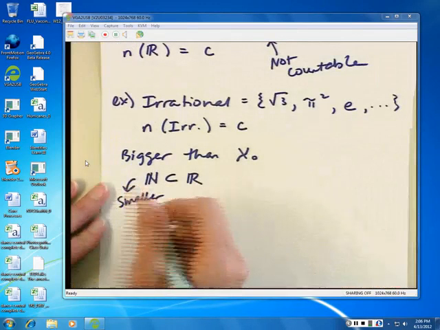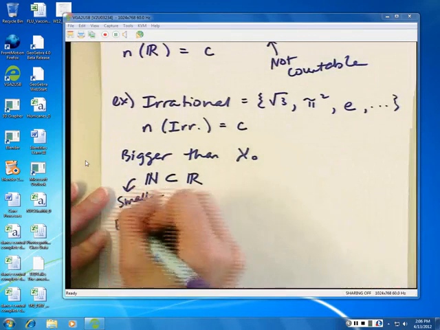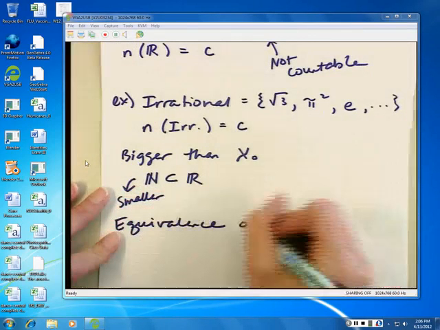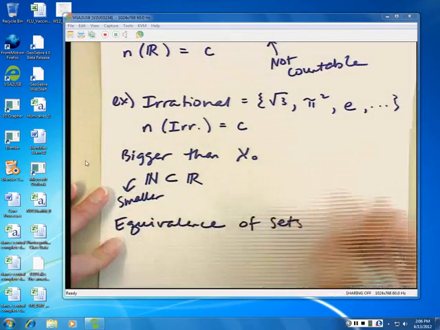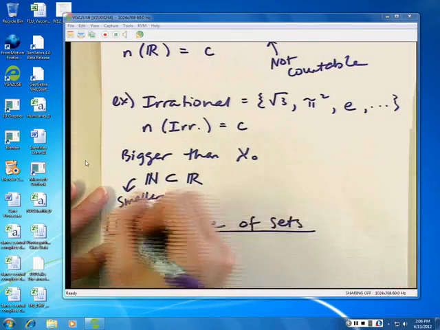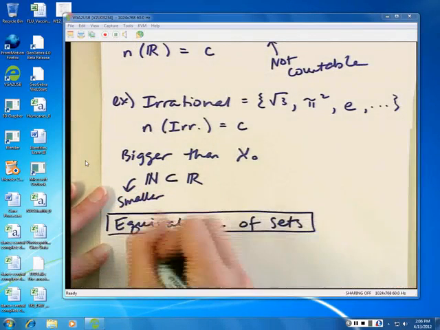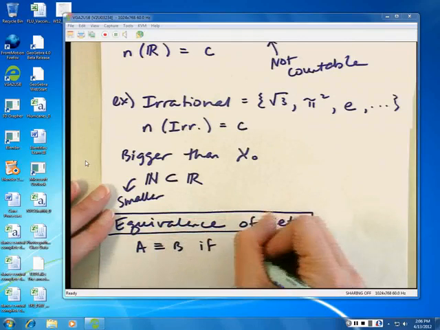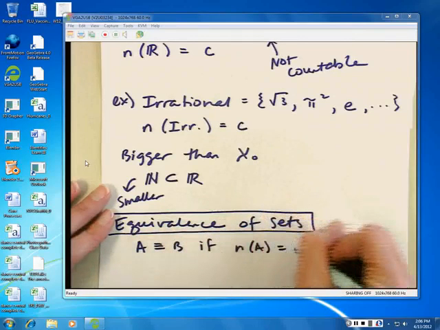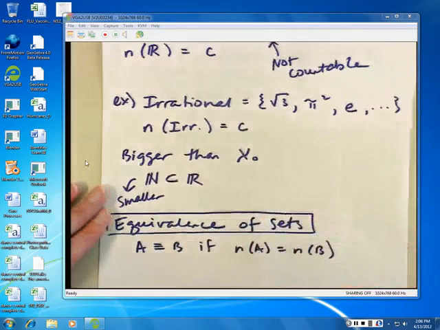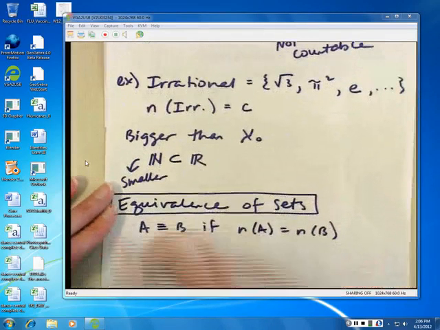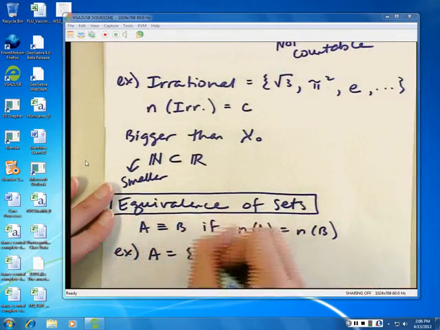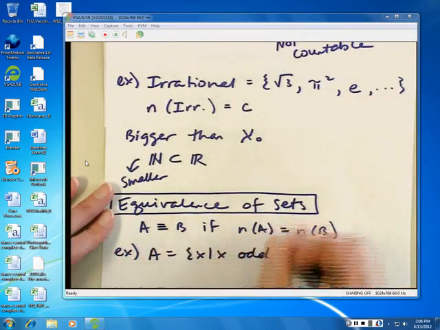One last topic in this section, and that's equivalence. Equivalence of sets. Set A is equivalent to set B if the number in A is equal to the number in B. So, for example, we had A, which is the set of all odds, the odd counting numbers.